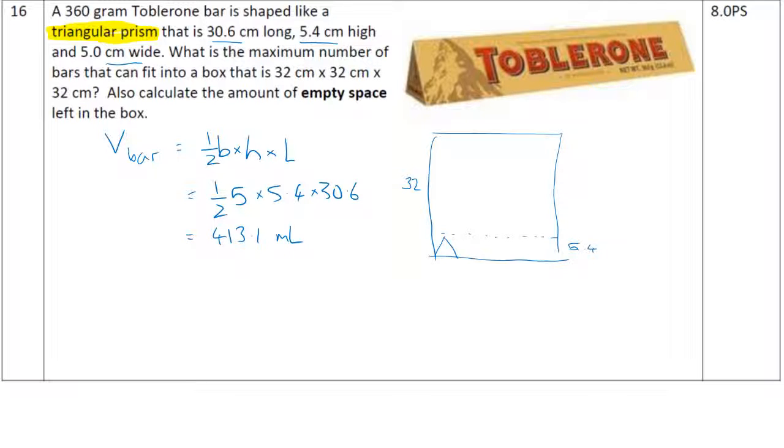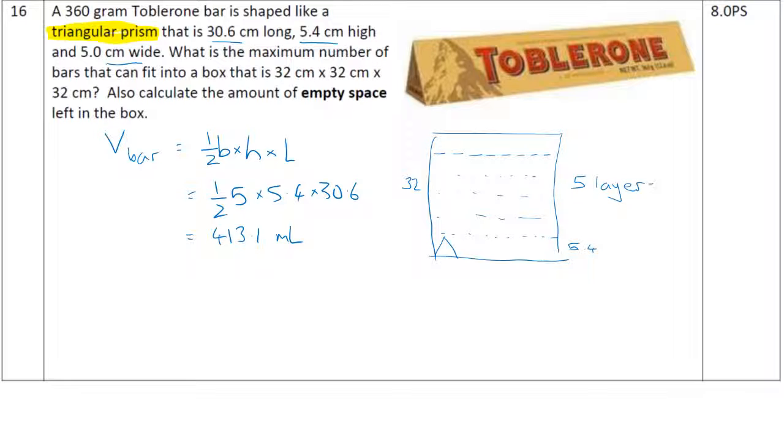If I do 6 times 5.4, I'm at 32.4, so I can't have 6 layers. So the maximum I can have, to be honest, you can probably squeeze in some more, but I just left it at this. I've got 5 layers, so 1, 2, 3, 4 and 5 at the top.